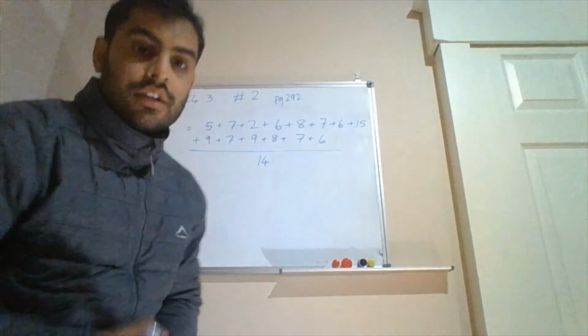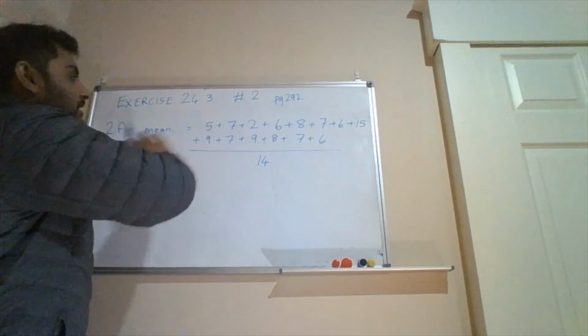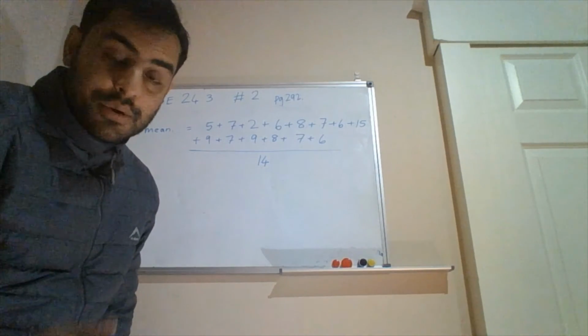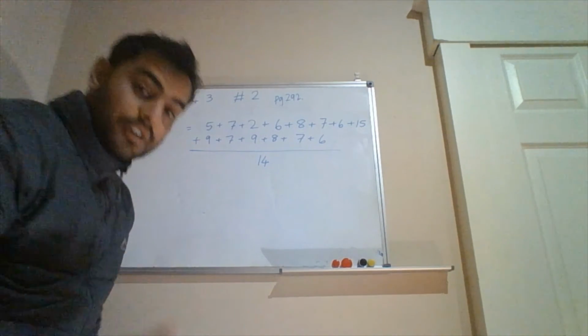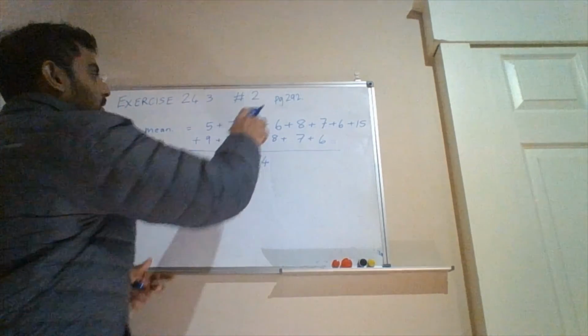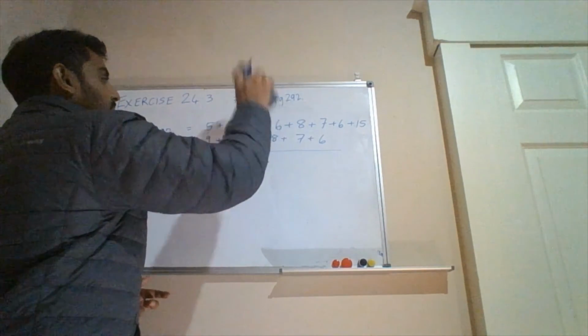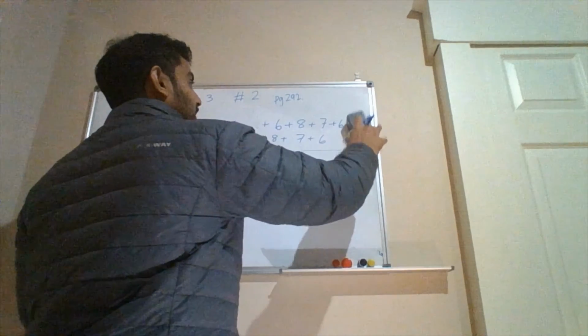Question 2f asks us to find the mean when the outliers have been removed, and also to discuss how removing the outliers affects the extreme values. So I've rewritten the equation for the mean, including the outliers, and if we exclude them, we remove the 2 and the 15.